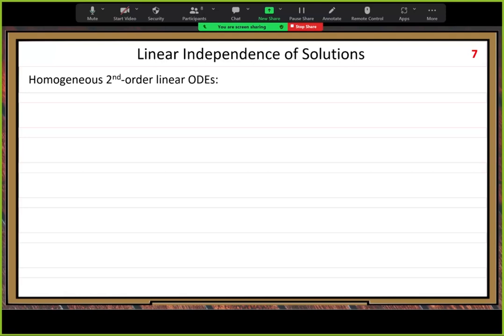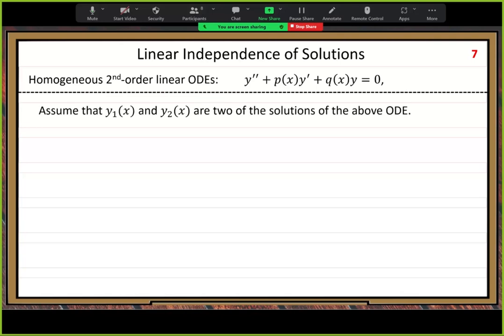So recall the original question from homogeneous second-order linear ODEs. When we try to find a general solution, we need to find a basis. So we need to get y1, y2, two solutions. But after we get y1, y2, how do we know they are linearly independent?